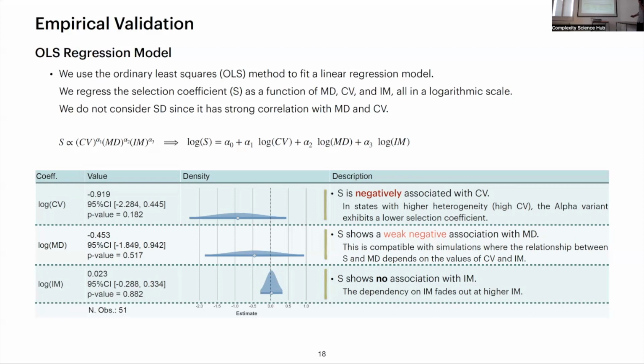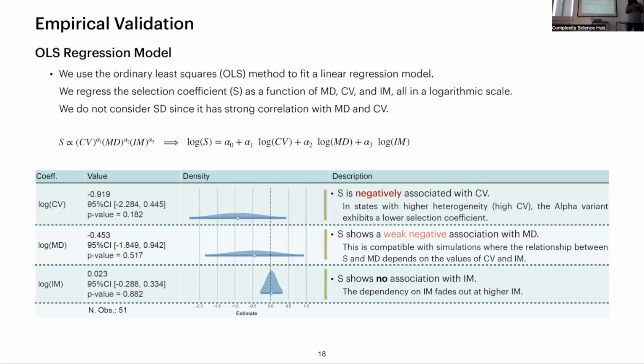But for MD, we find a weak negative association, and it is weak because the confidence interval is quite wide. And this is, again, I think, consistent with our result, because as I said, we couldn't find any monotonous behavior in terms of mean degree.